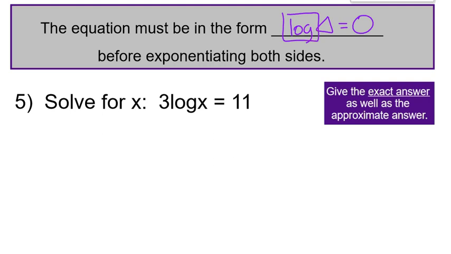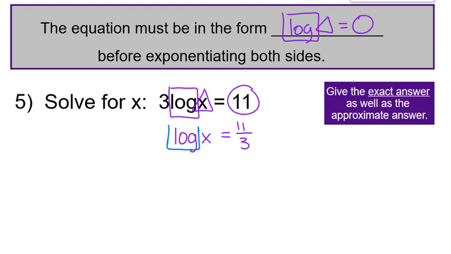We do have the log of something equals a number, but there's also that 3 on the outside. So I need to get rid of that before I can exponentiate. So we're going to divide both sides by 3. Now we have just the log of something equals a number.